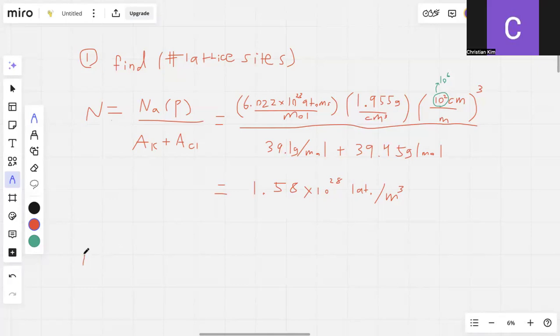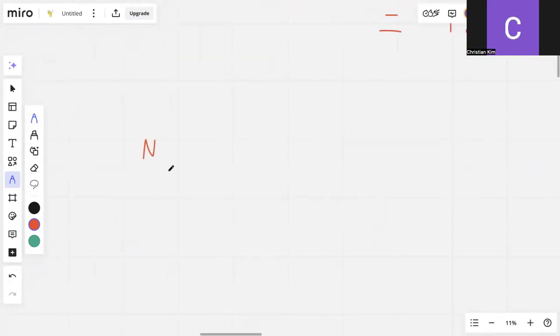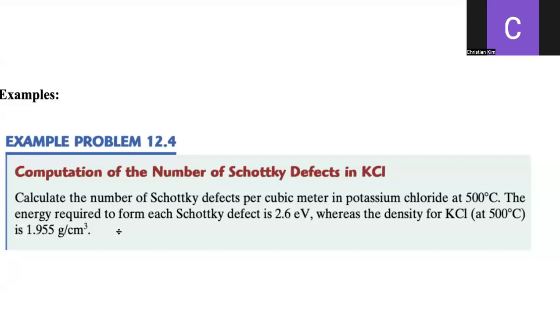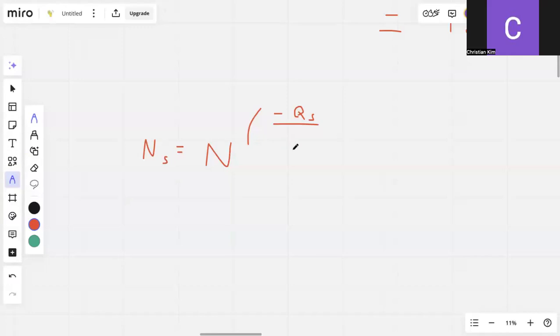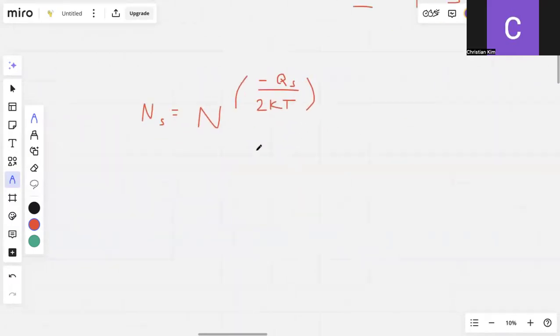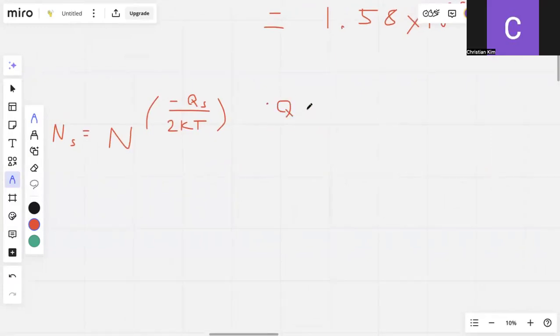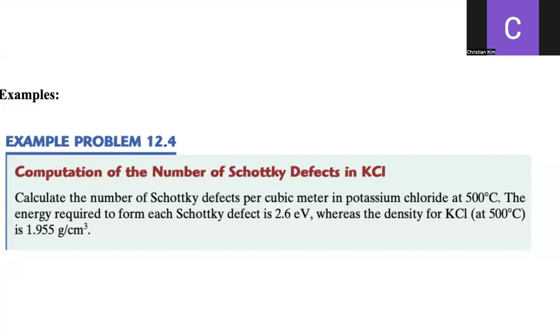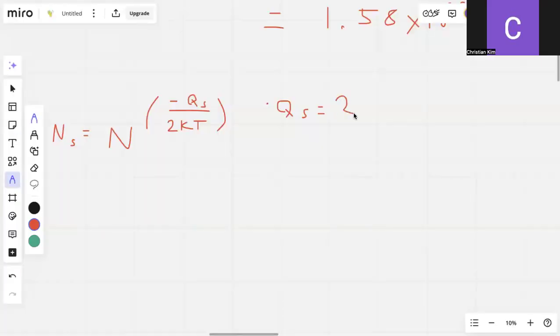So what I need to do is N_S, which is the amount of Schottky defects, is equivalent to N, the amount of lattice sites I have, multiplied by e to the negative Q_S, negative Q referring to the energy required to form each Schottky defect, divided by 2kT, where k is a constant, where Q_S is the energy required to form a Schottky defect, which we're given to be 2.6 electron volts.